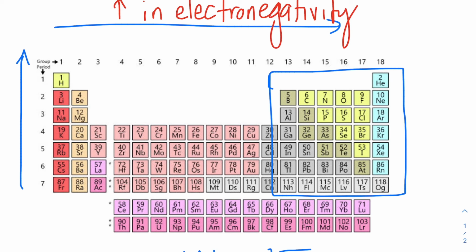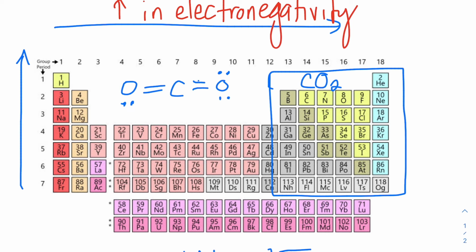So something like carbon dioxide. If we have CO2, oxygen has 6 valence electrons, so it needs 2 more. Each one of those oxygens could bind to the carbon, and this is what it would look like. We'll talk about Lewis dot structures in order to draw that out in a later video, but this is what it looks like visually.